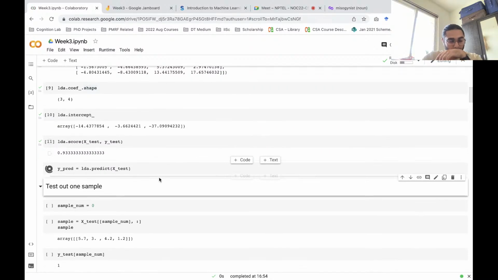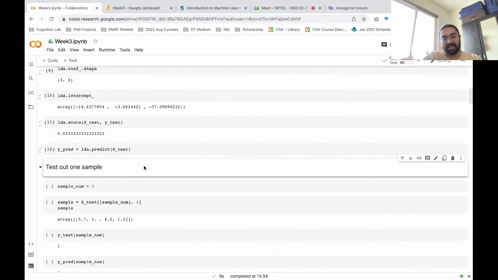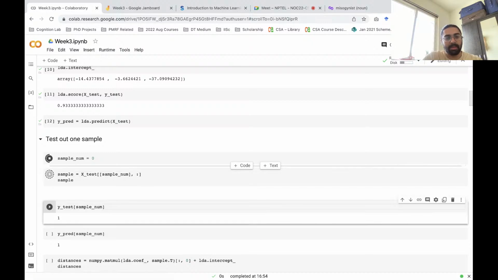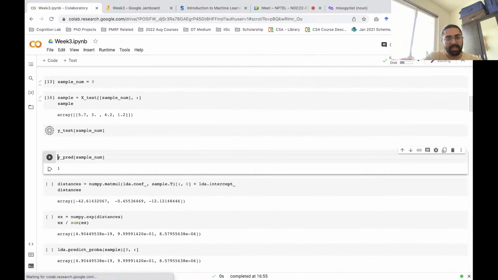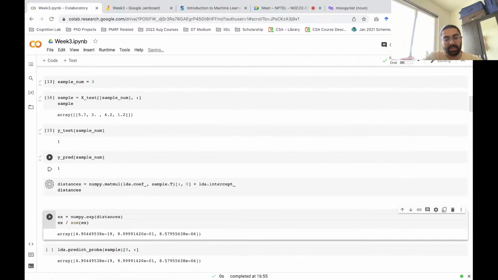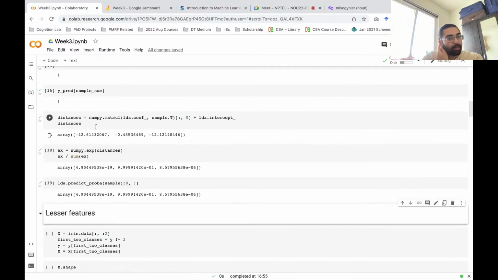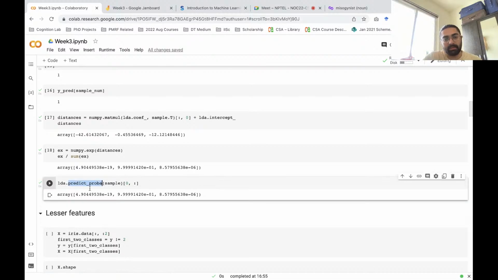And then you can predict on this X test to see what predictions are made, and you can try it on one sample. For example, I'm looking at the 0th sample here. Then the question is, how do you get the probabilities? There's a predict proba method in Sklearn that will give you the probability of the sample belonging to all the 3 classes.